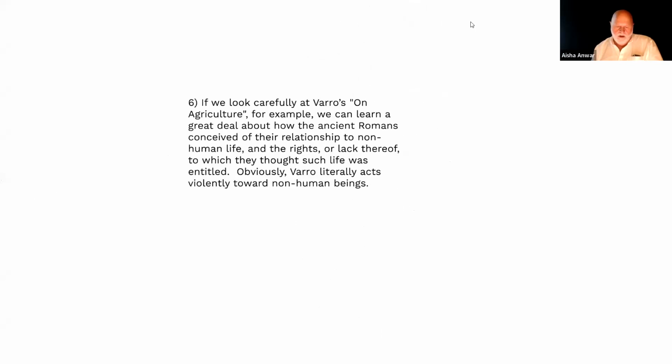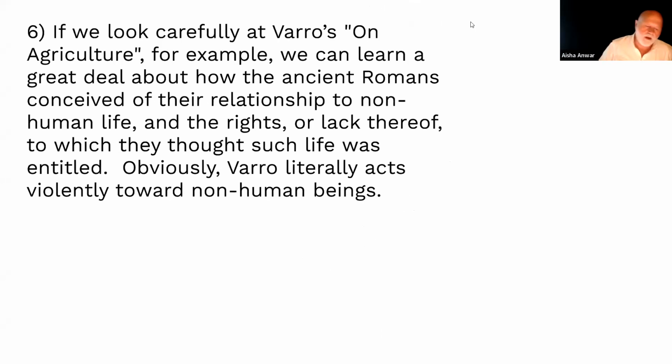So another way of thinking about this, because we have another example that we can look to, is Varro's On Agriculture, which we read. If you read that from the point of view of animals, animal rights, animal identity, which we did, I think you'll learn an awful lot, and I think it was all sort of cringe, what we did learn about how horrible that relationship was.